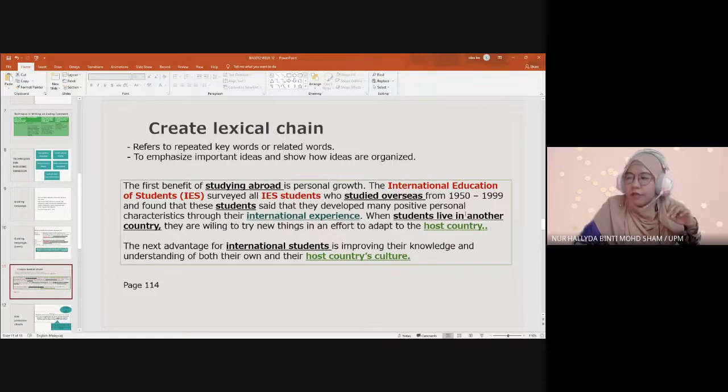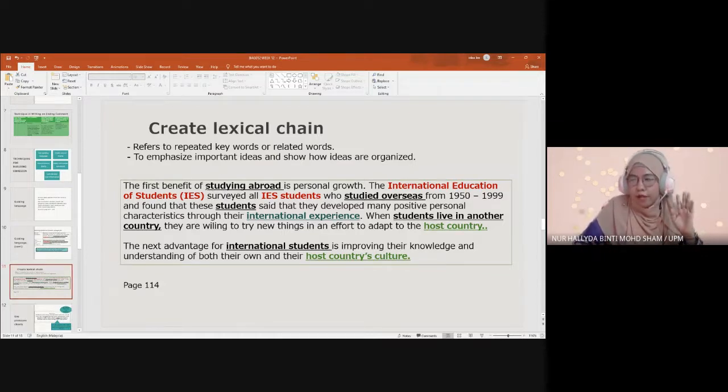When students live in another country, they are willing to try new things in an effort to adapt to the host country. The next advantage for international students is improving their knowledge and understanding of both their own and their host country's culture.